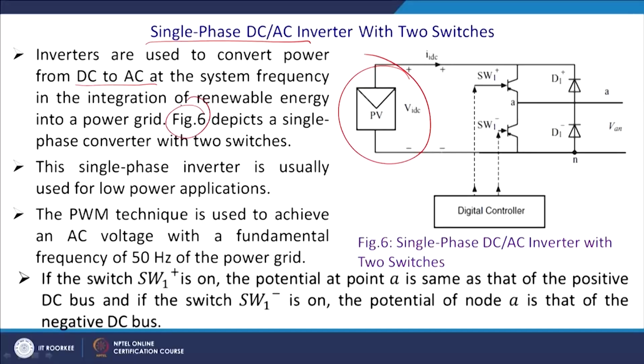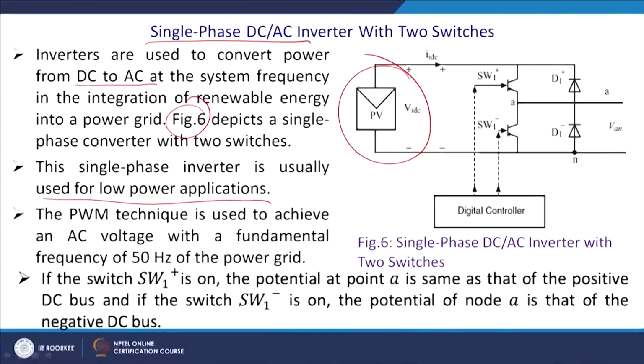Figure 6 depicts the single phase converter with 2 switches for simplified discussion. This single phase inverter is usually used for low power applications. Mostly for a rooftop system of less than 5-6 kilowatt, we can go for this kind of topology.